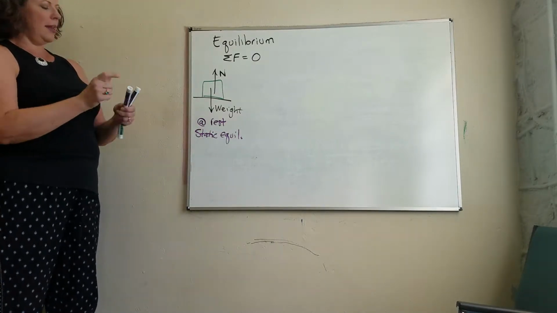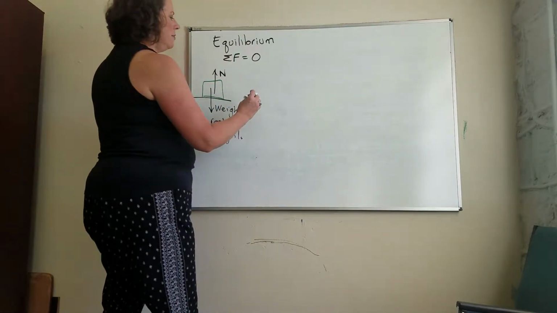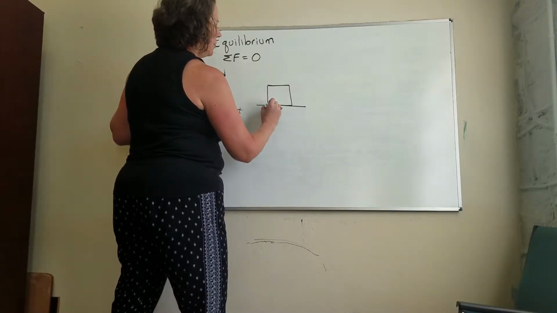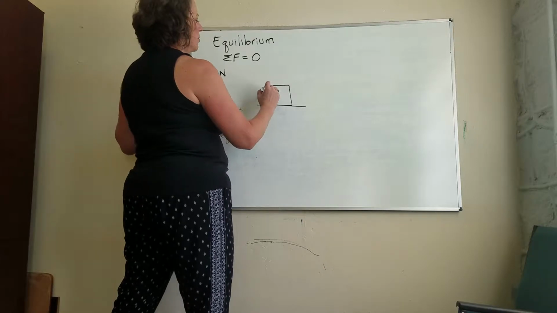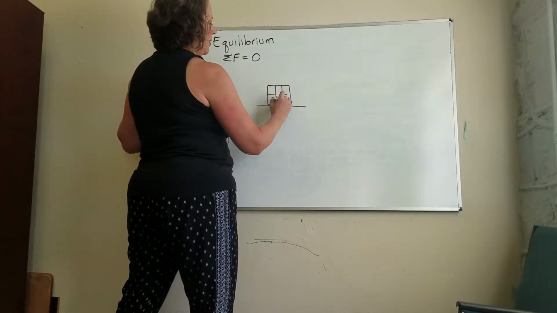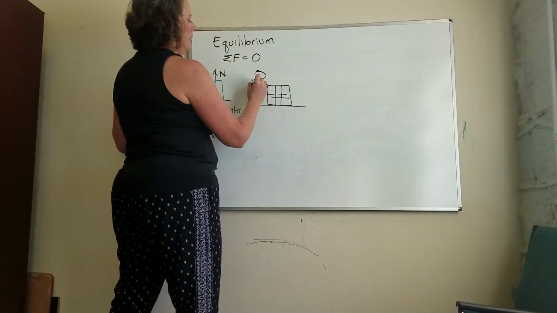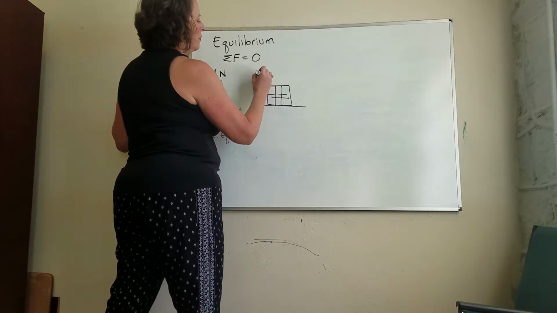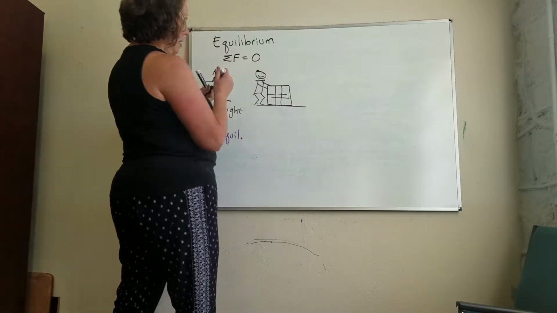And then we had a case of, I'm going to just use another box or some kind of crate. We're going to talk about that guy pushing the crate today. So he's applying a push.